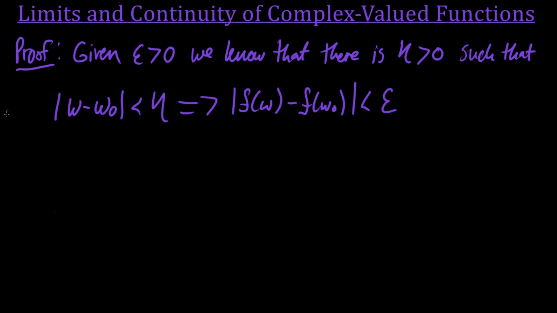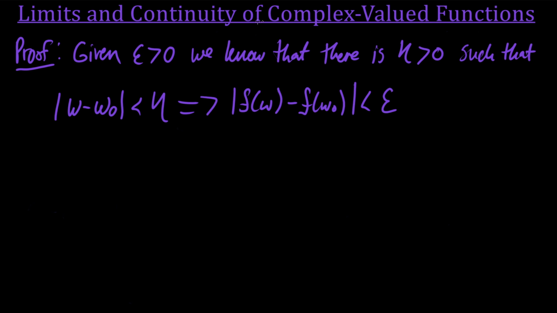The reason that this implication holds here is because we started off by assuming that f was continuous at w naught. So by the definition of continuity, this condition has to hold. Great. So we derived this implication by the definition of continuity.